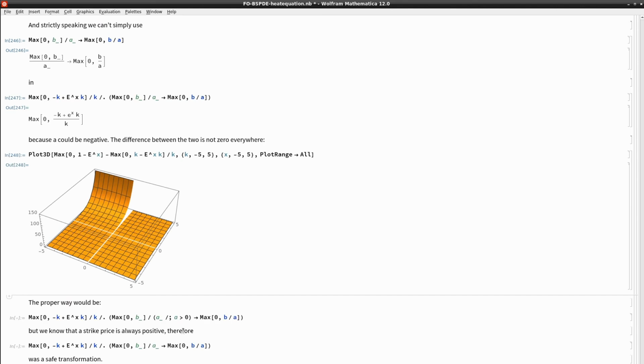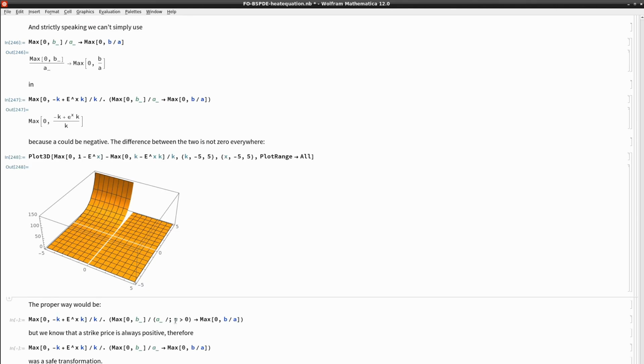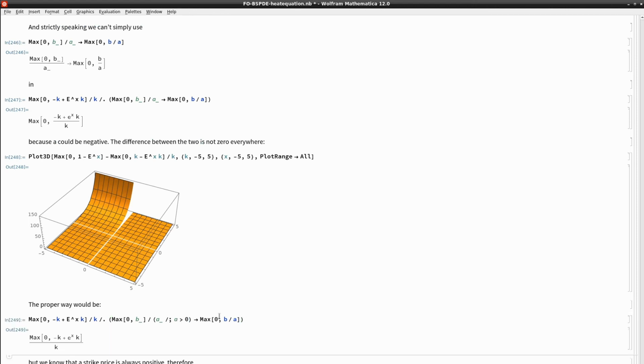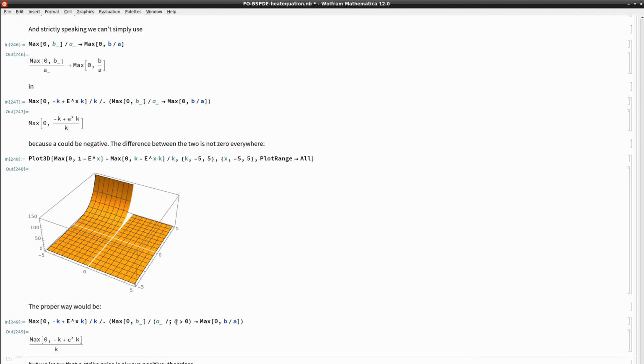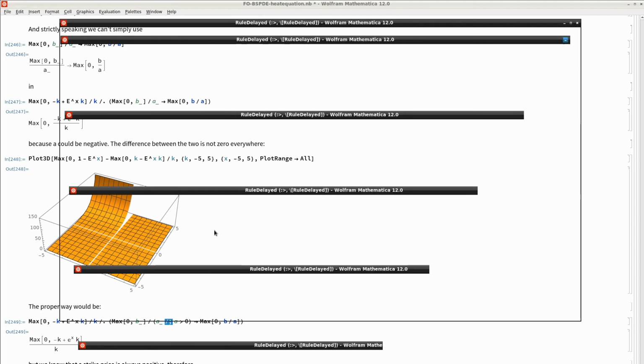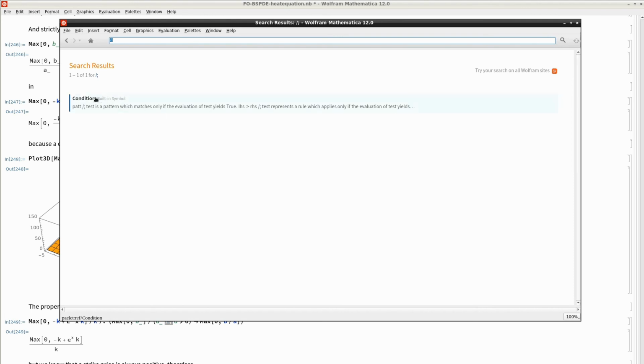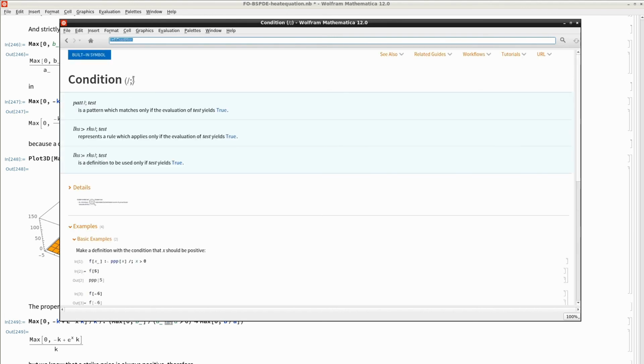So the proper way to do this in Mathematica would be to assert that A is larger than 0. The divisor is larger than 0. If we do that, then it is proper to do that division. And the way to specify that is to use Condition. This is a shortcut for Condition in Mathematica, sometimes called just /;. The Mathematica programmers call that /;, and it stands for Condition.